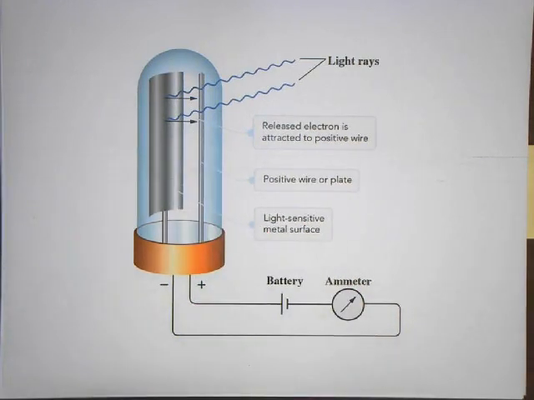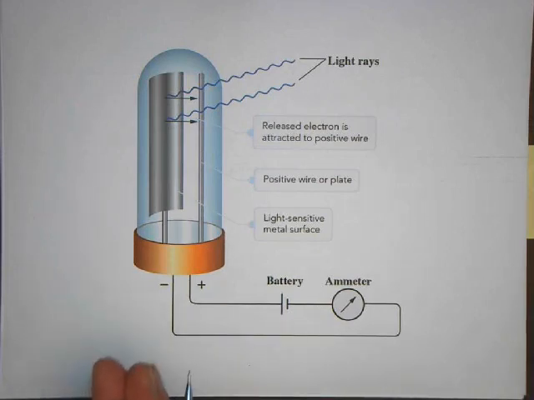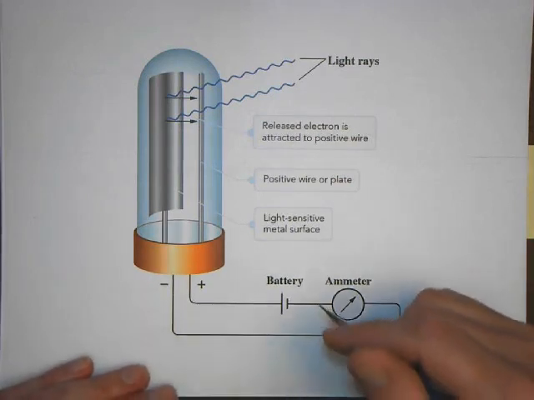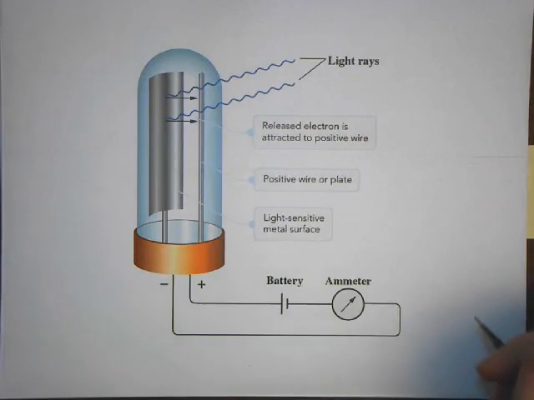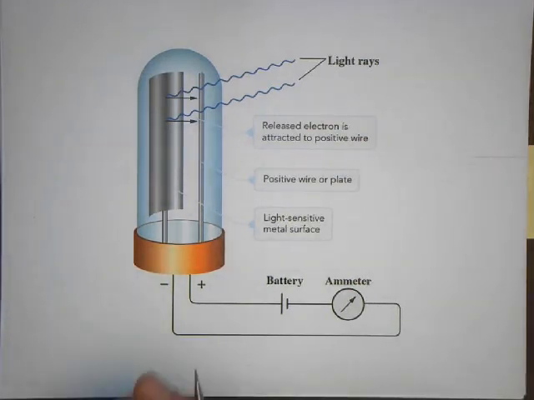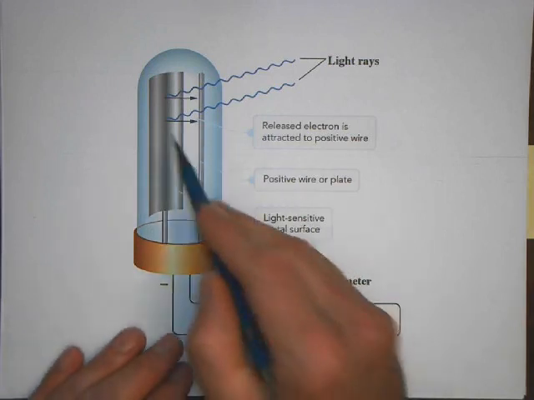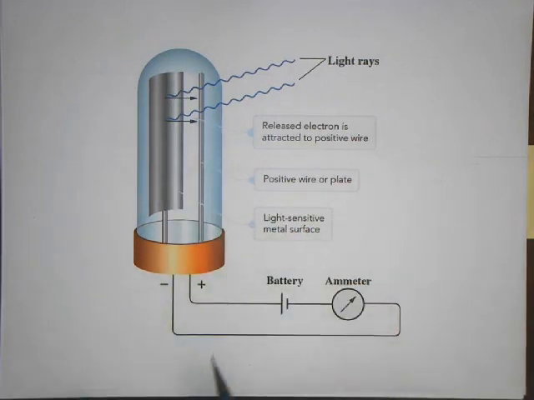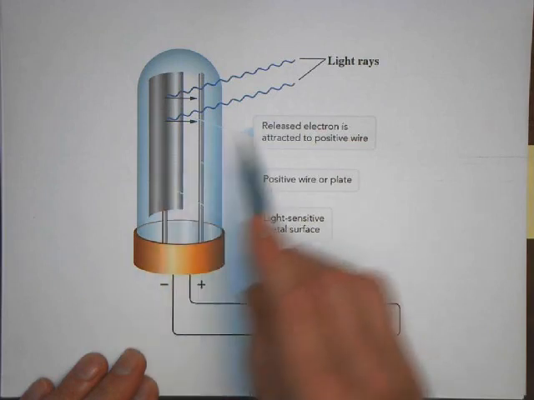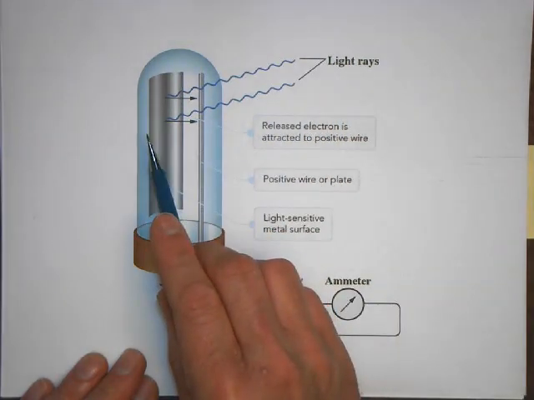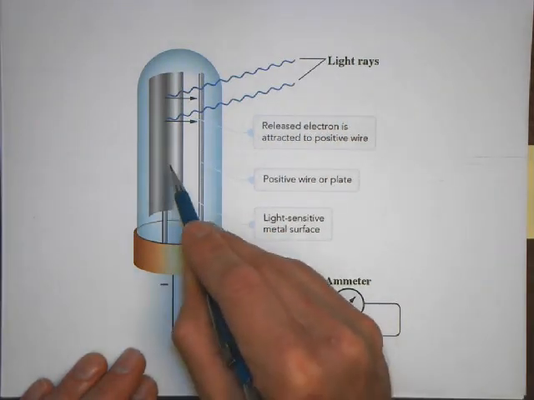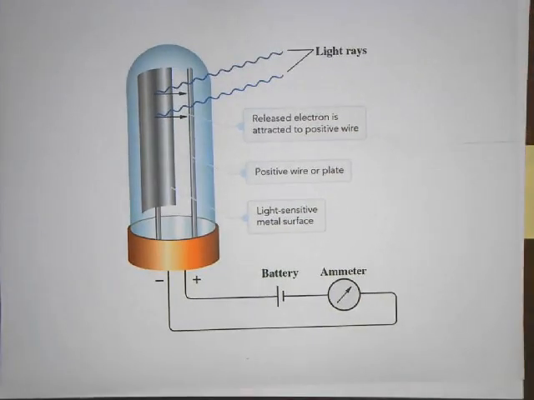What's interesting about this is that it only occurs when the frequency of the light exceeds some threshold value that's characteristic of the metal. So once again, you shine light on the surface, and electrons are emitted, but only when the frequency of the light exceeds a certain threshold value that's characteristic of the particular metal used.